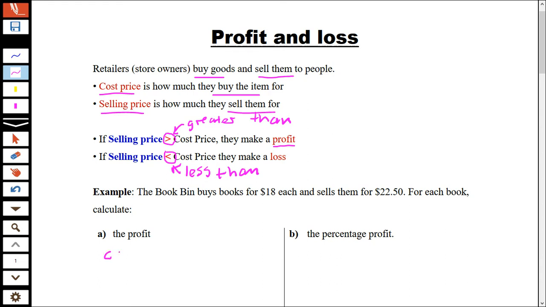That means the cost for one book is $18 and they sell it. They sell, or the selling price is $22.50.